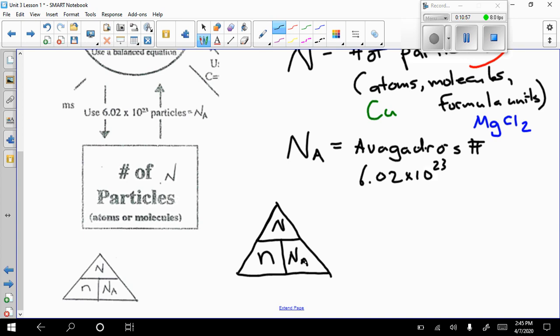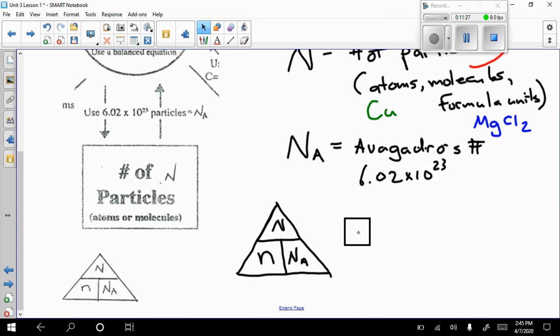The way these triangles work is that you can cover up one of the variables. If you cover up the variable that you're looking for, the rest of it will tell you what the formula is. So in other words, I've never tried this before, but I'm going to put a little shape on here. Let's say I was interested in the number of moles.